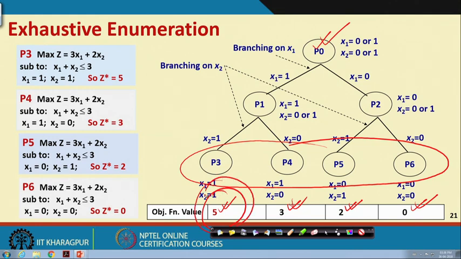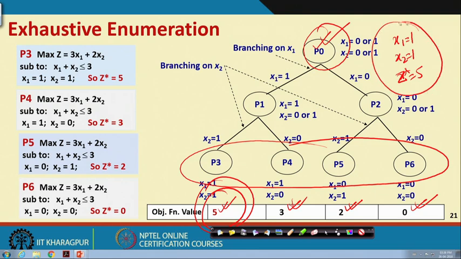Since 5 is the best, now it is clear the best solution for P 0 is x 1 equal to 1, x 2 equal to 1 and z star equal to 5. See, we are not interested in solving P 3, we are interested in solving P 0, right.